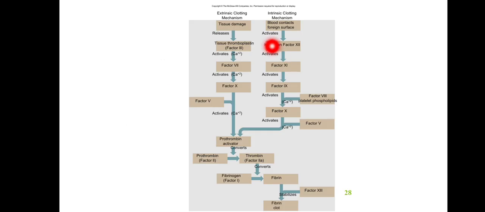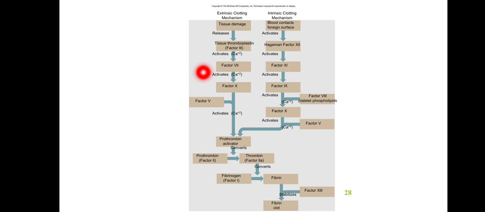This is the cascade here, the extrinsic and intrinsic. The final destination where we want to reach is factor V, which is factor 5. So whenever there's an extrinsic clotting mechanism, tissue damage is going to release tissue thromboplastin, which is factor 3, in the presence of calcium ions.